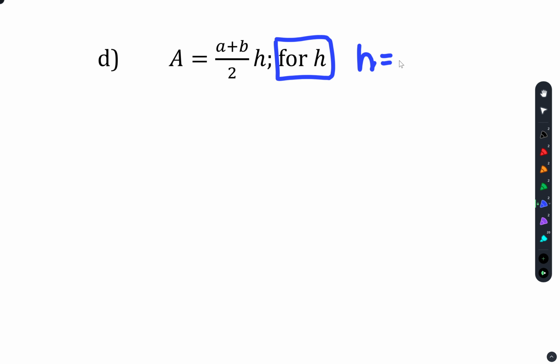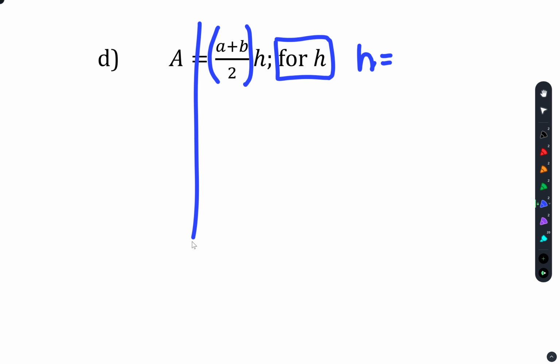Let's treat that fraction as a fraction. Right here, what is it doing to my h? What operation? Yeah, it's multiplying to the h. So if I think about that as a fraction, how would I get rid of a fraction multiplied to something else? What's the opposite of multiplying by a fraction?